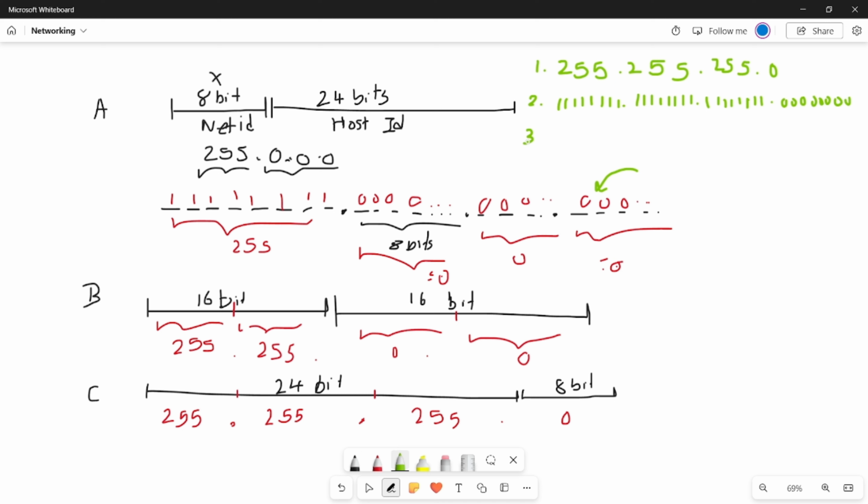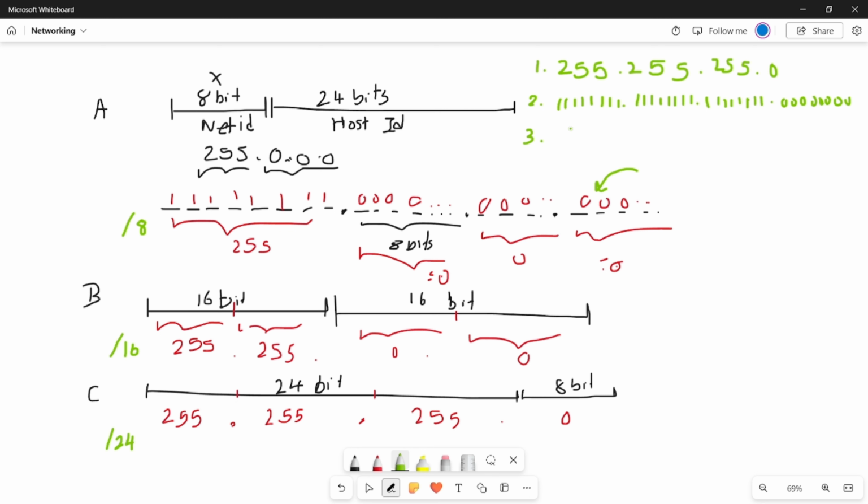And there is another way, where we say the bit count of the network. So let's say we use 8 bits for a class A IP address, so we can say this subnet mask is 8, and we use 16 bits for network, and the subnet mask of class B is 16, and we use 24 bits for our network, and the subnet mask of class C is 24.